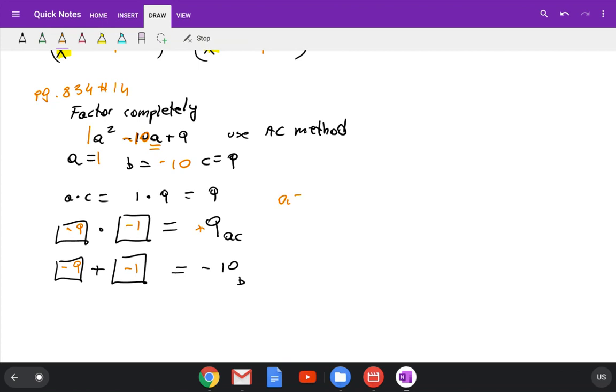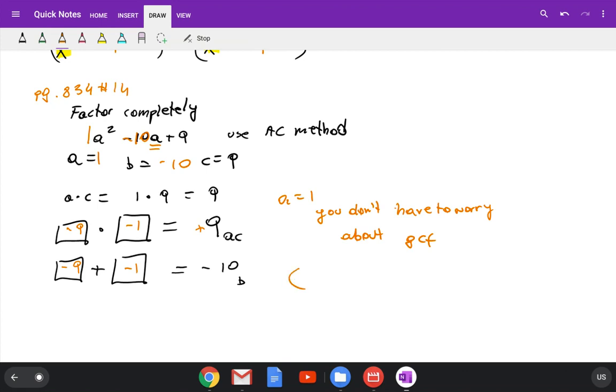Since A is equal to 1, you don't have to worry about GCF. So in this case, you just create two parentheses.